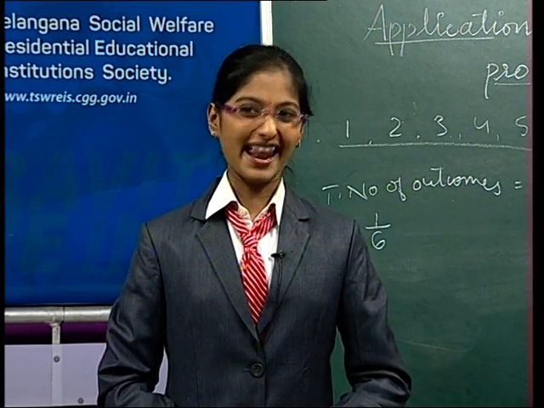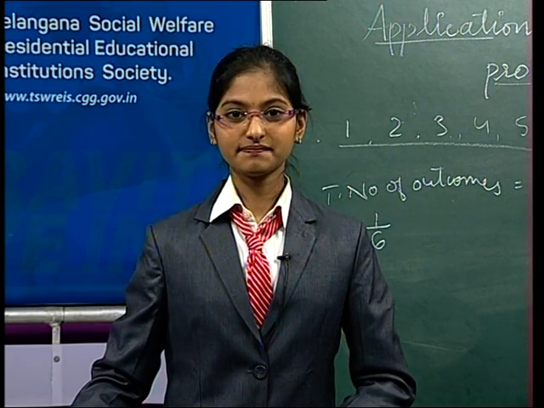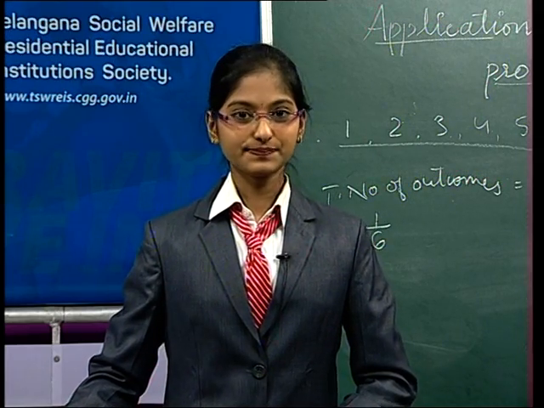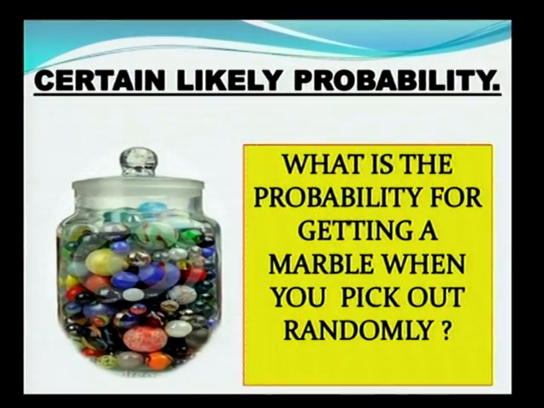See, I will show you another example here. Here is a jar and I have a question. What is the probability for getting a marble when you pick randomly? There is a small kid and he wants some marbles.